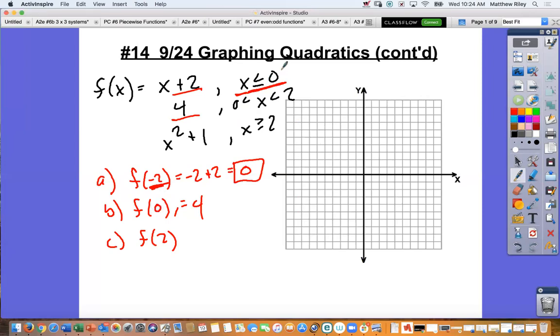So I use the top one because that's less than or equal to 0. If I plugged in 0, 0 plus 2 would equal 2, and now my answer would be 2. So this is telling you what your x value is. This right here is telling you when do I use it, which equation do I use for these values.